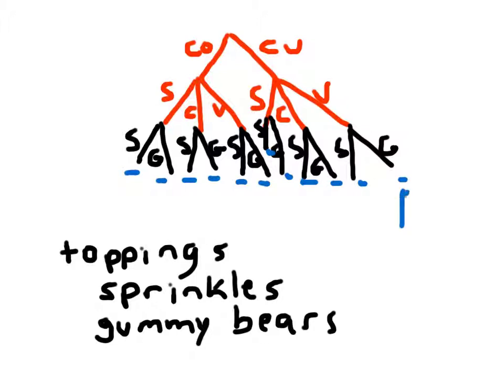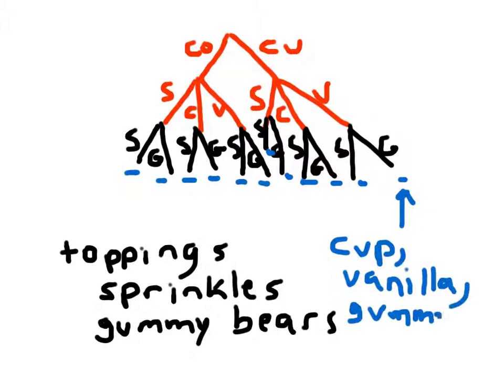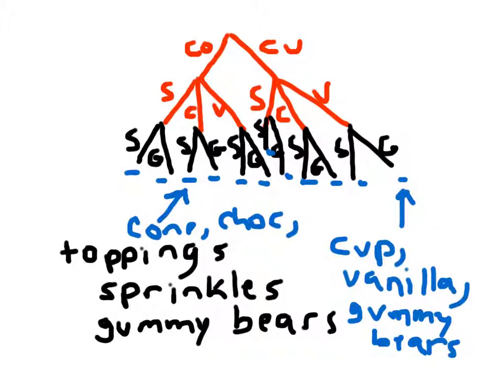Just looking at this possible outcome, that would have been a cup with vanilla ice cream and topped with gummy bears. Looking at this outcome right here, that would have been a what? A cone with chocolate ice cream topped with sprinkles. How many possible outcomes were there? There were 12 possible outcomes.